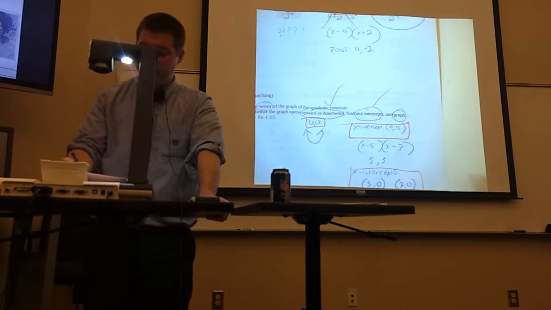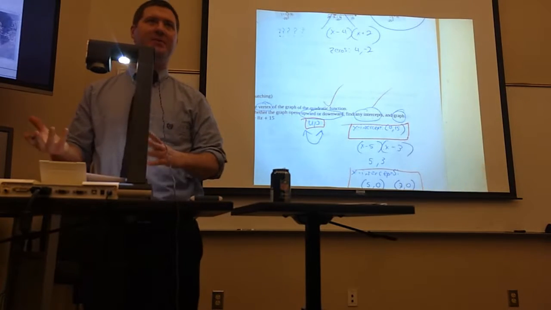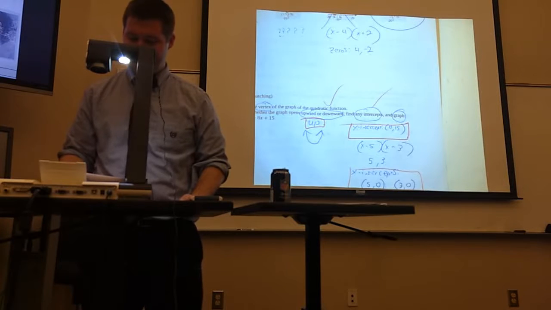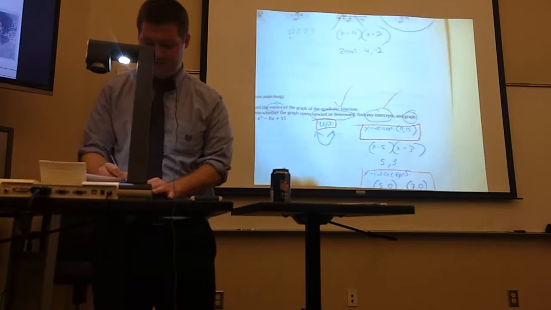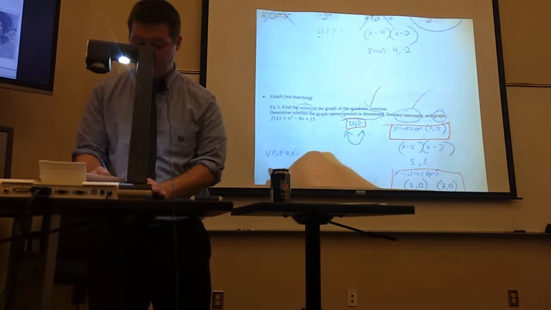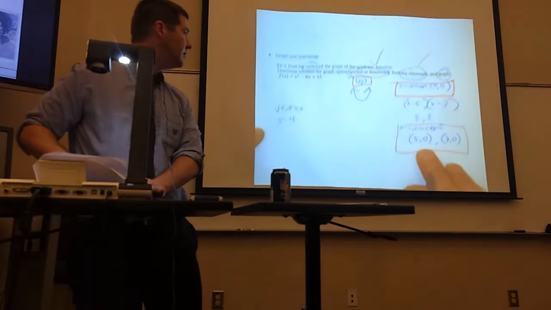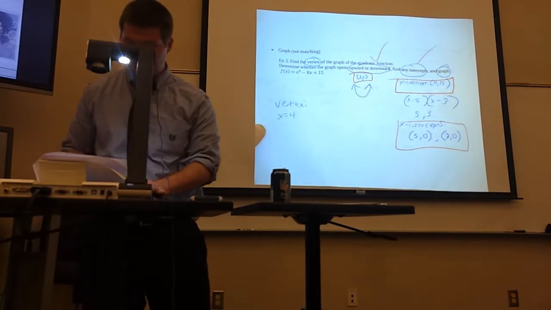Okay, so you want to find what's in the middle of these? That should be pretty easy because 3 and 5, what's right in between those? 4? So x equals 4, since that's right between 3 and 5.